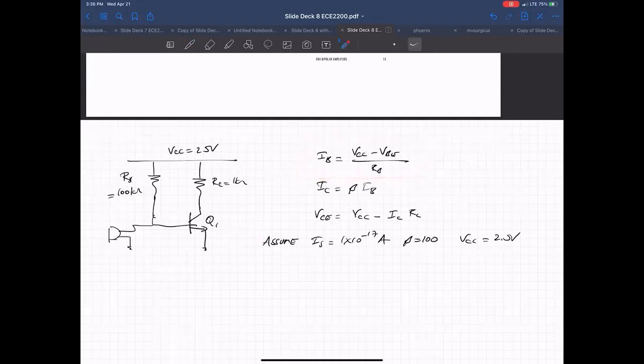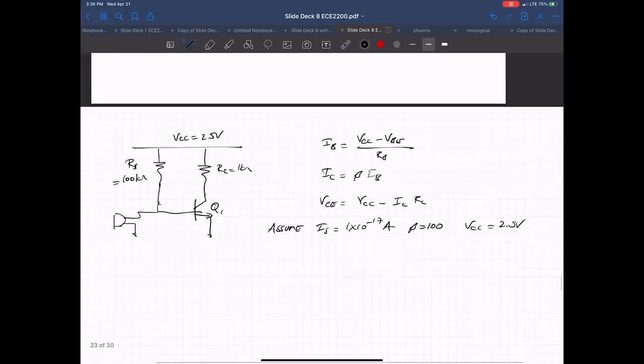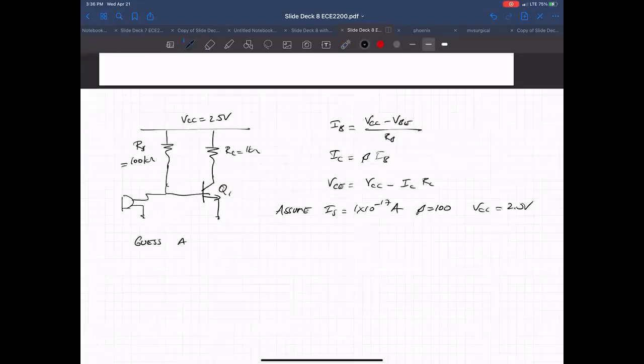Now the problem is we don't know VBE, and to know IB, we need to know VBE, and to know VBE, we need IB. And so it's a circular event. So this tells us that we need to do our iterative procedure. So we guess a value for VBE, and we plug that into these equations, and hopefully we converge to a value after a few iterations.